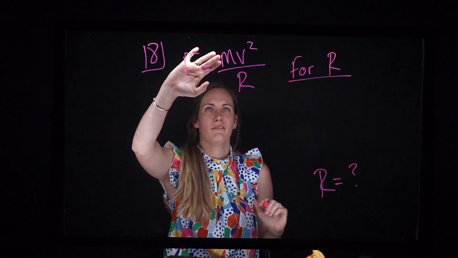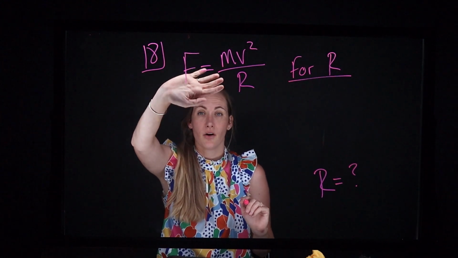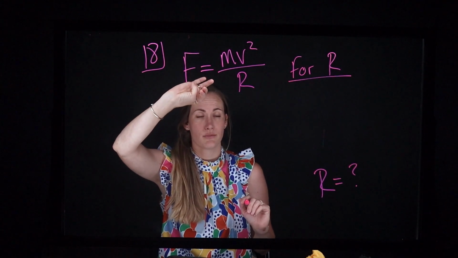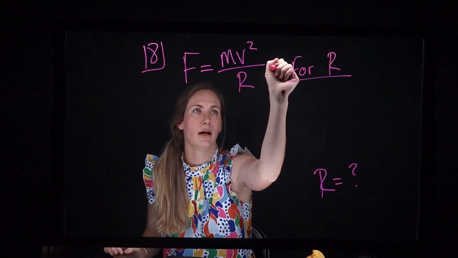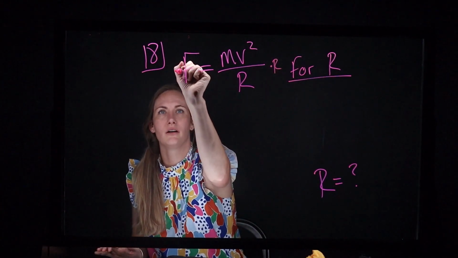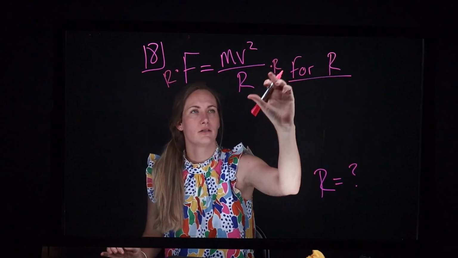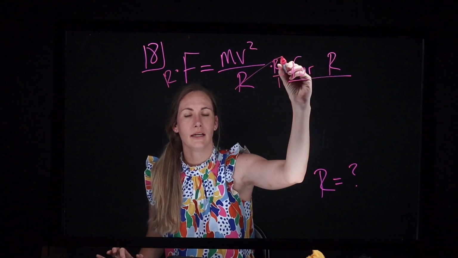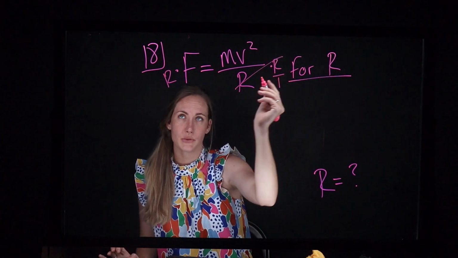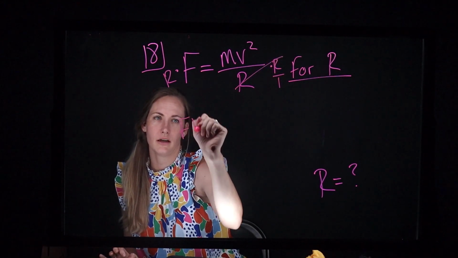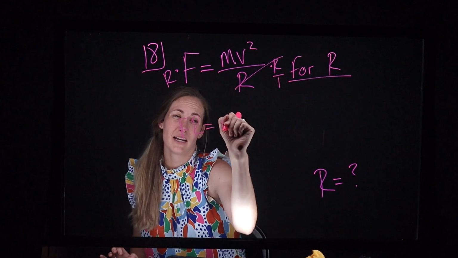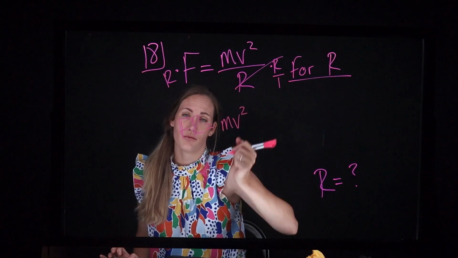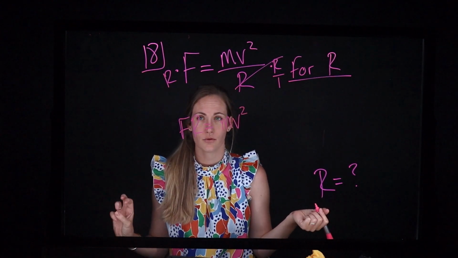So right now we have mv squared divided by r. The opposite of division is multiplication. So we're going to multiply by r on both sides. So over here we're going to end up having r divided by r. Anything divided by itself is 1. So I'm going to write it FR, because technically you're supposed to write them in alphabetical order when you have multiple terms.